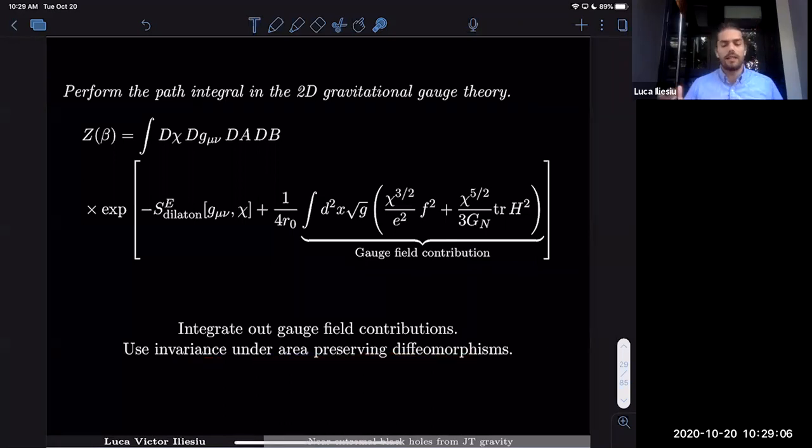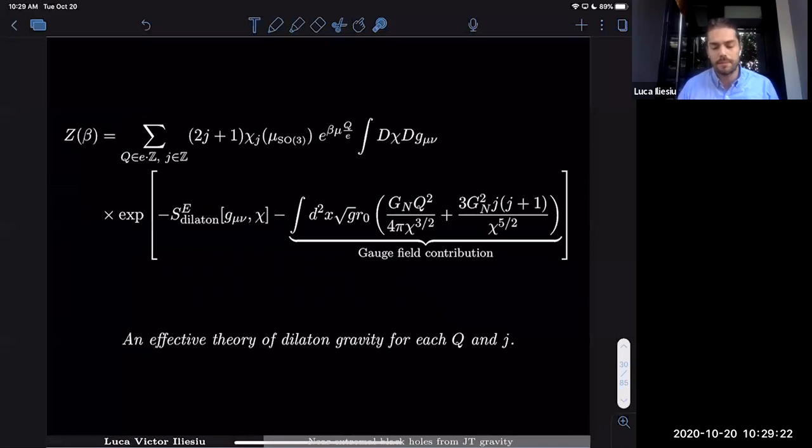So in principle, I could take my manifold and attempt to do the integral over dA and dB exactly. And using this property of invariance under area-preserving diffeomorphisms, you can completely integrate them out and rewrite your partition function as a sum over charges and over SO(3) or SU(2) representations, depending on whether you allow fermionic degrees of freedom or not.